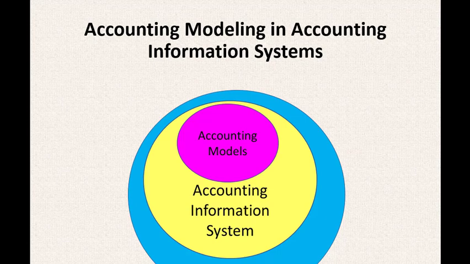You have production functions, HR functions, marketing functions, accounting and finance functions, IT functions. All these departments, divisions and functions are integrated through one particular integrated information system. It is called an enterprise resource planning system.